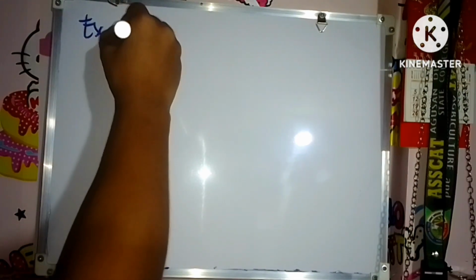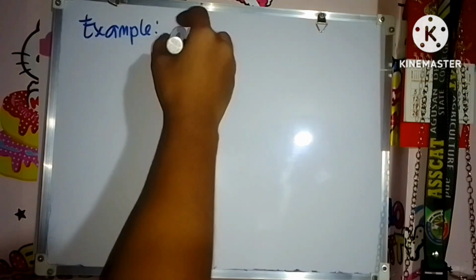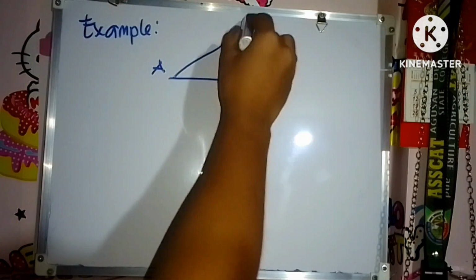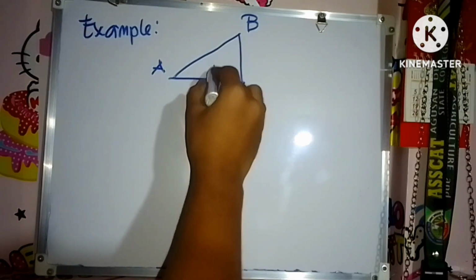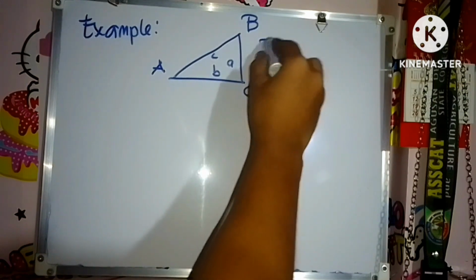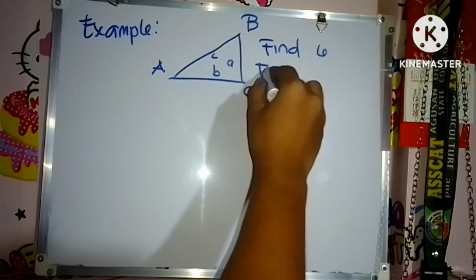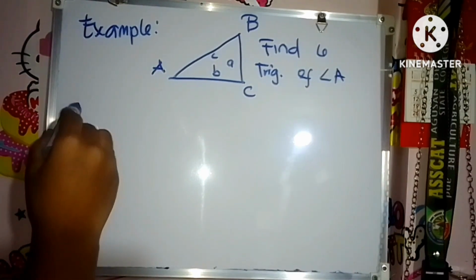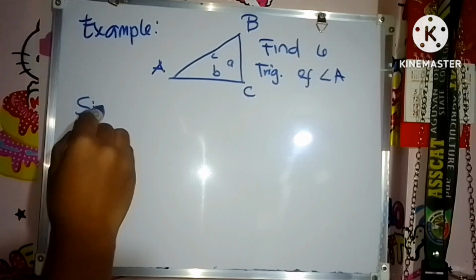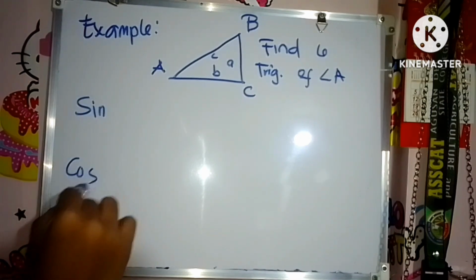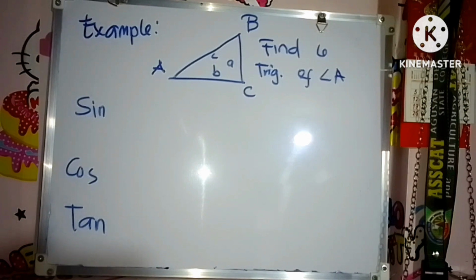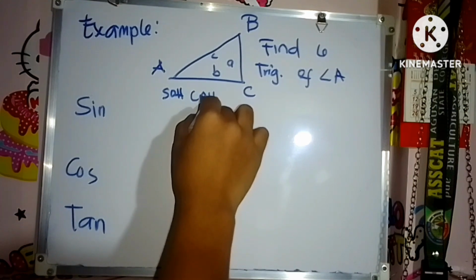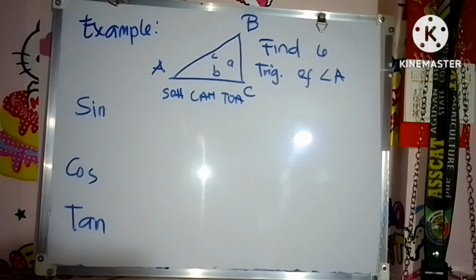So we have here an example. Find the six trigonometric functions of angle A, of the sine, cosine, and tangent. And then we use the way which is SOHCAHTOA.